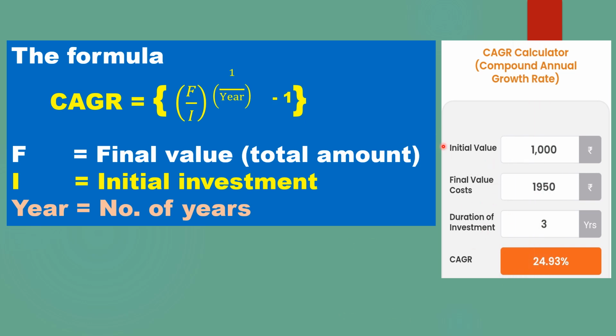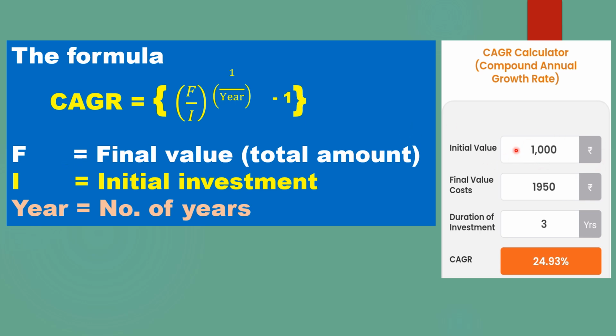On websites, there are several CAGR calculators available. I have used the ICICI Bank Direct CAGR calculator. How to calculate the CAGR? In the CAGR calculator, they ask you to give the initial value.